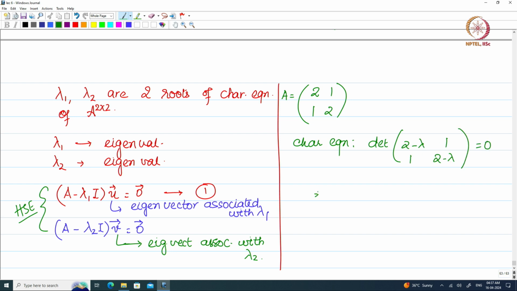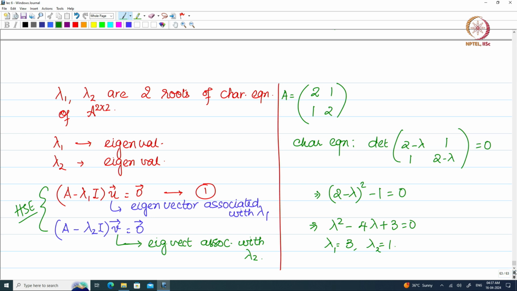So, I am going to have (2 minus lambda) the whole square minus 1 is equal to 0. We are going to get lambda square minus 4 lambda plus 3 is equal to 0. We are going to have lambda is equal to 3 and lambda is equal to 1, lambda 1 is equal to 3, lambda 2 is equal to 1.